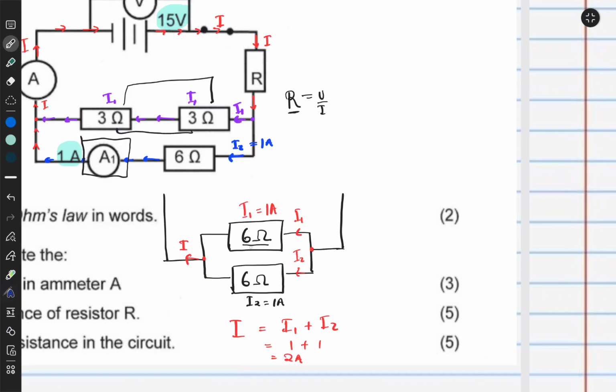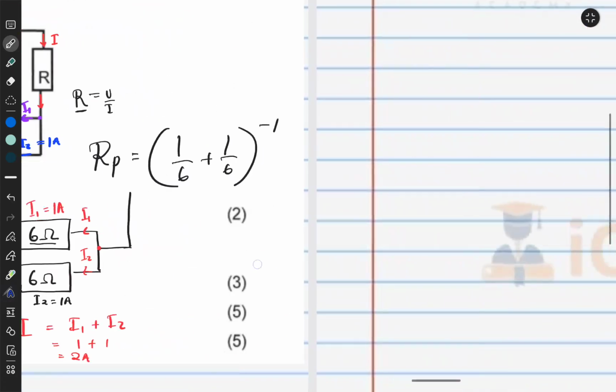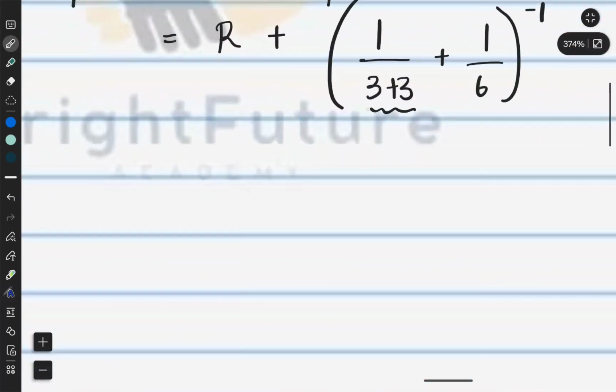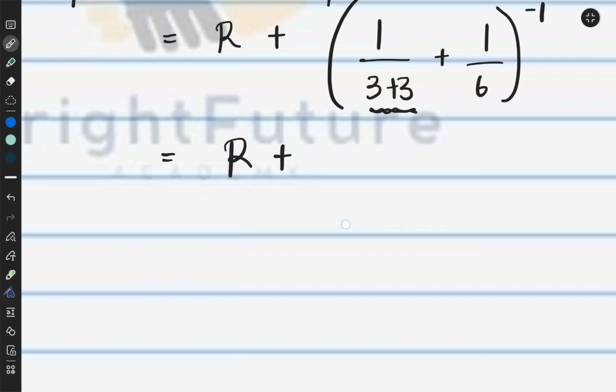And then now I can say 1/6 plus 1/6 and do that for my RP. That's what I'm doing here when I'm adding these 3 plus 3. I'm saying I combined the resistors in branch 1 into 1. So this would essentially give me R plus 1/6.